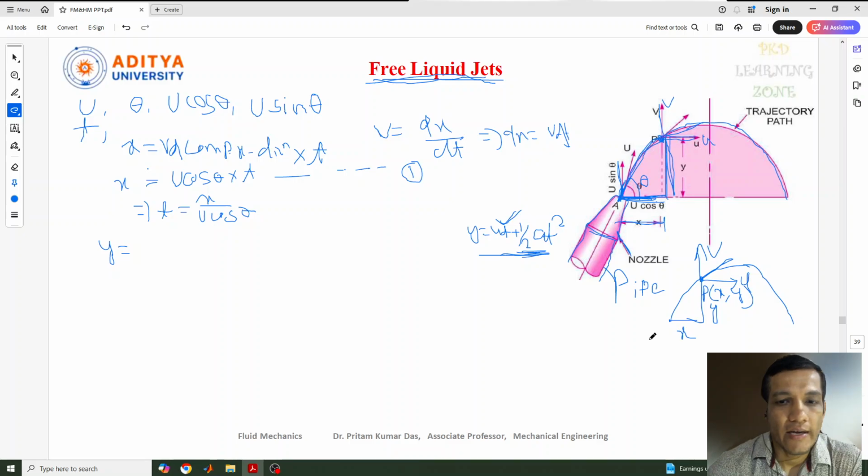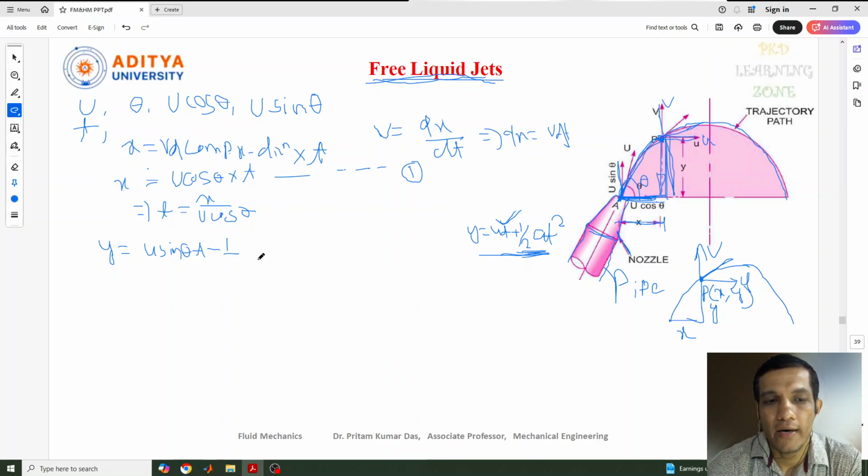So for this case, what is the velocity component times t? Here the velocity component is u sine theta into t, and half at square. Due to the gravity acting here, the movement will be in the downward direction, so we need to consider a negative sign.